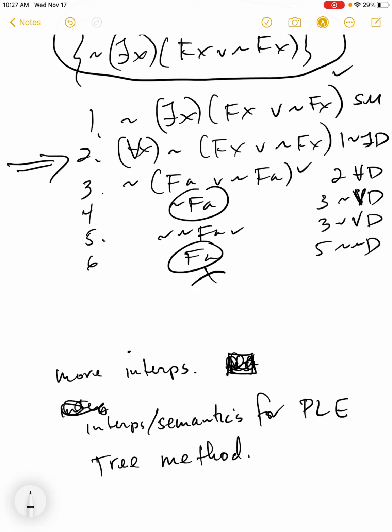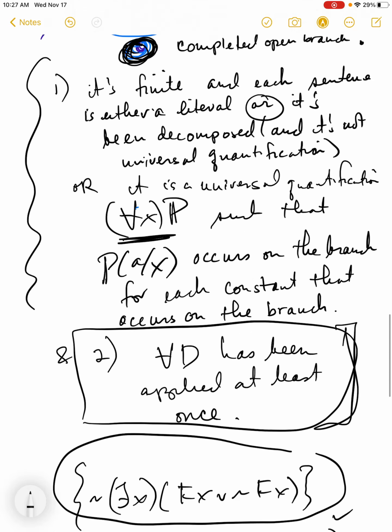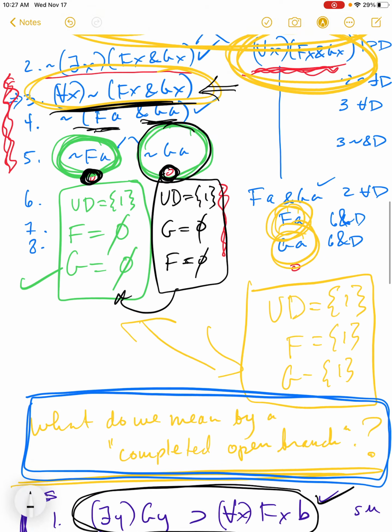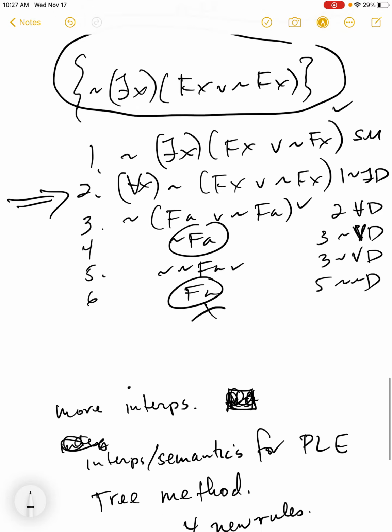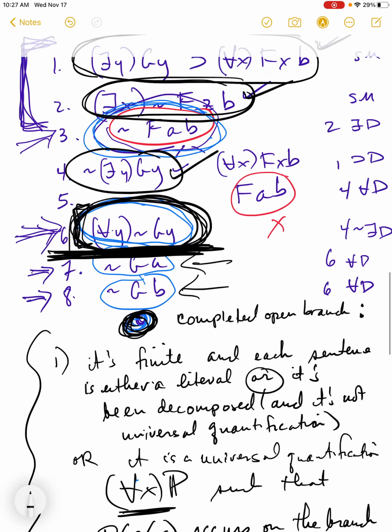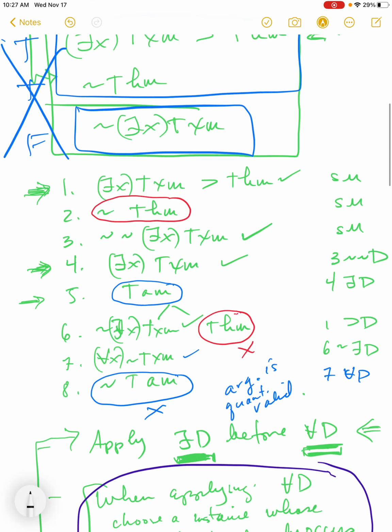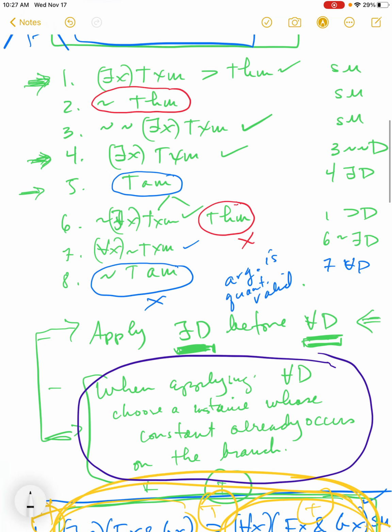And we've done a bunch of examples using the tree method. We have the 4 new rules. We've talked about a few theoretical matters. We've talked about strategies, and we've talked about what it means for an open branch to be a completed open branch. Back to the strategies that we were talking about.